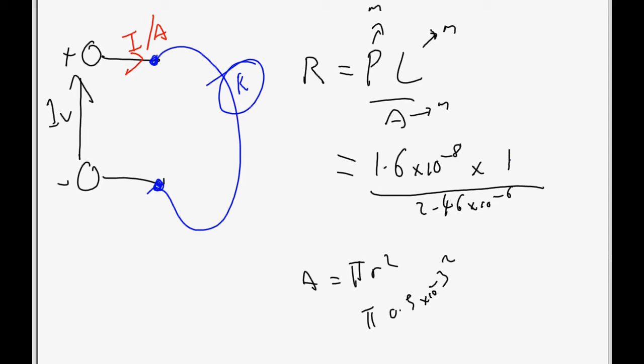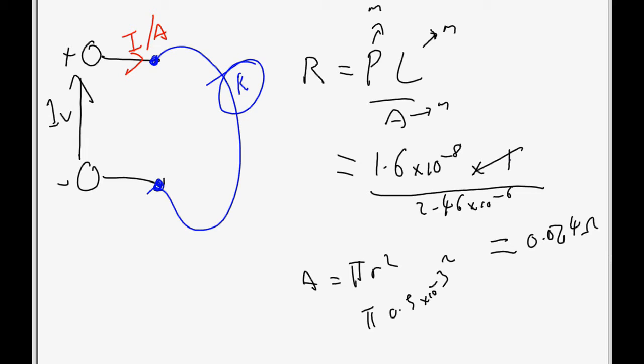So our resistance for 1 meter will work out to be, plug in the numbers. Right, well, that cancels out, so it's just 1.6 times 10 to the minus 8 over 2.46 times 10 to the minus 6. That comes out to be about 0.024 ohms.